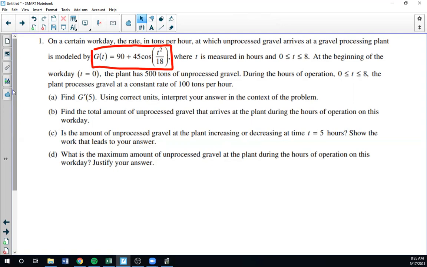And while you're doing that, this is a rate in rate out problem. Here's another thing that I'm going to write down right away, or underline: does it give me some kind of initial condition?